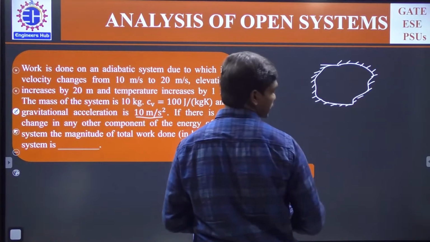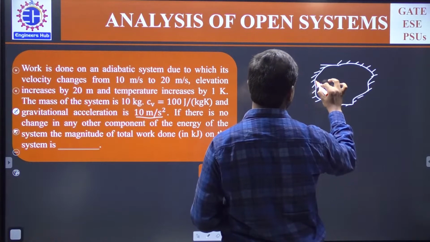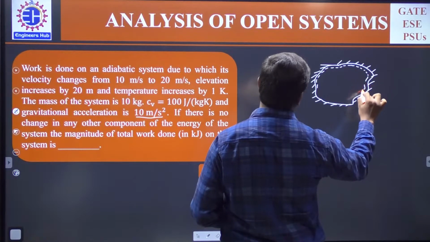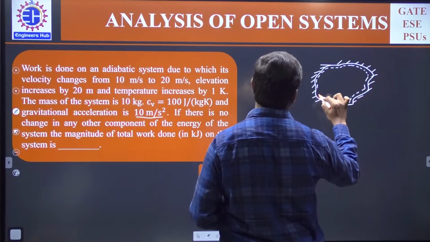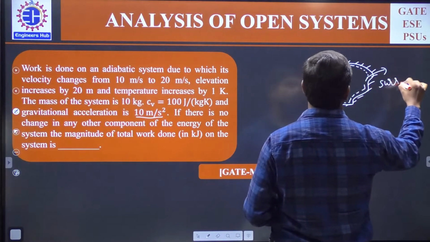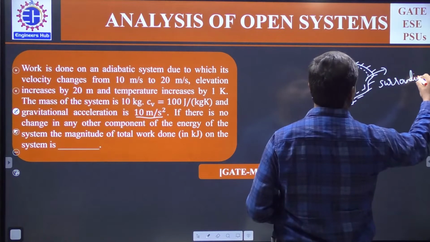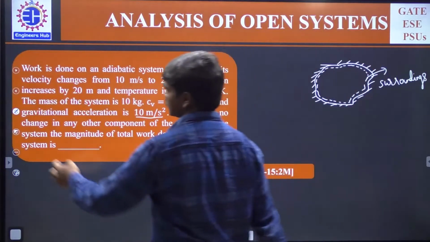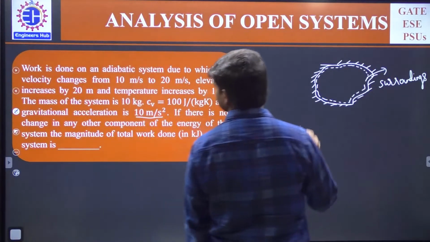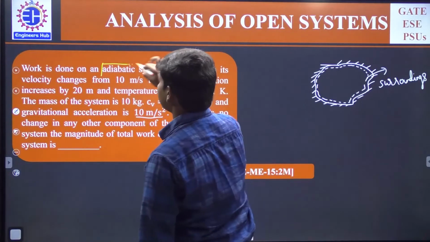Okay, yes, this is the case. So if this is surroundings, okay, so this is surroundings. So now it is given the system is adiabatic.